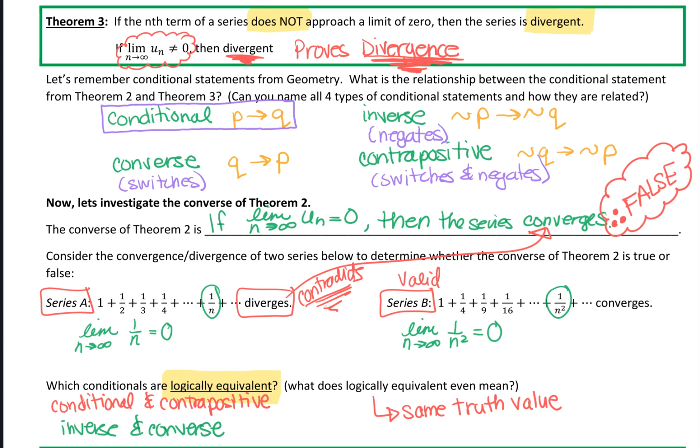Nothing. You can't relate them if they're not logically equivalent. So the converse tells you nothing about the conditional. The converse tells you nothing about the contrapositive. The inverse tells you nothing about the conditional. The inverse tells you nothing about the contrapositive. Okay?